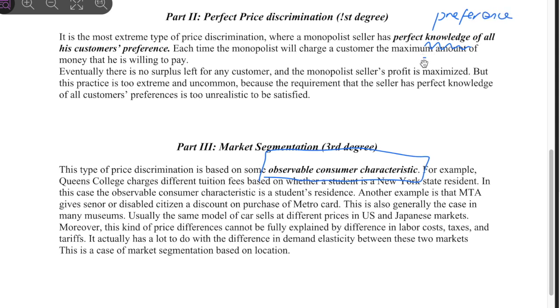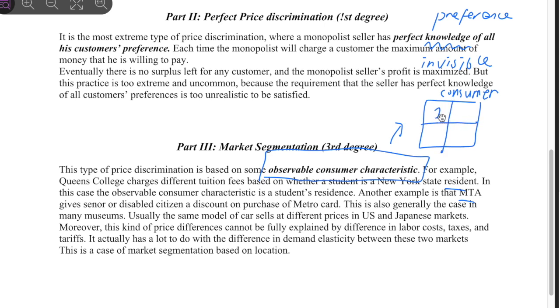It was invisible, right? It's hard to tell, so we have to have the knowledge. But in part 3, we have the observable consumer characteristics. We can have it visually distinguishable, right? So we can think of it as, in the population, in the consumer pool, we have different types of people.